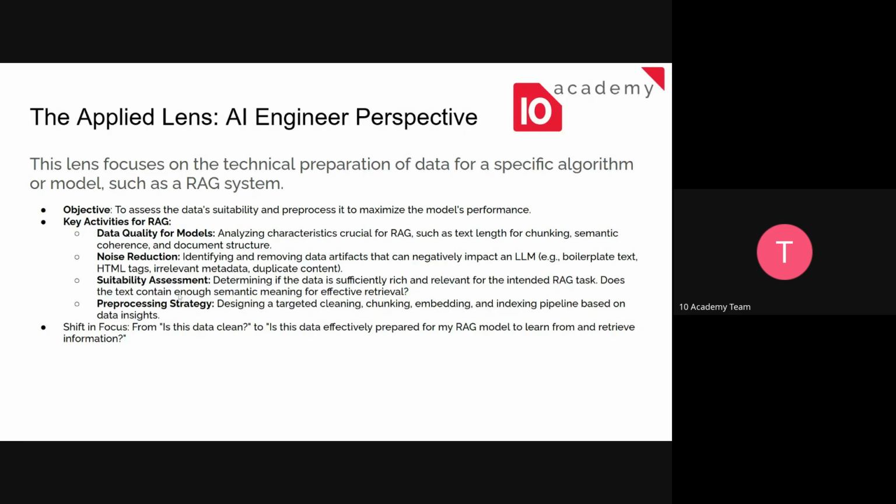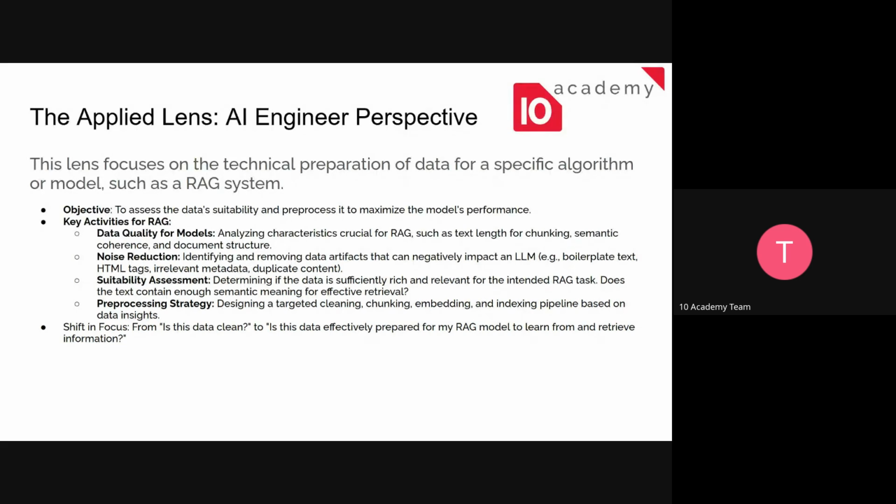And the other one is the suitability assessment, where we need to determine whether the data is sufficiently rich and relevant for the intended RAG task. Does the text contain enough semantic meaning for effective retrieval?